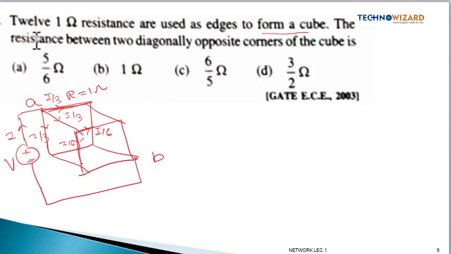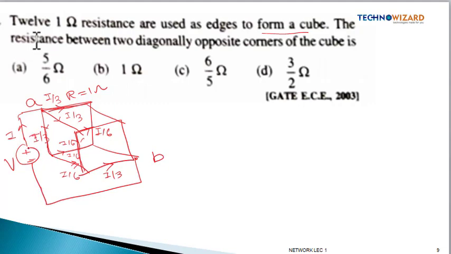Similarly from here I by 3 current is coming, and this I by 3 current will again split into I by 6 and I by 6. Now from here I by 6 is coming, and from here also I by 6, so both will add up and result in I by 3. You can understand the same here, right?